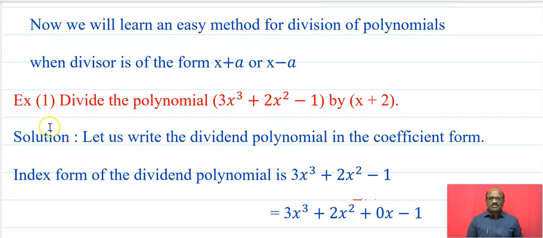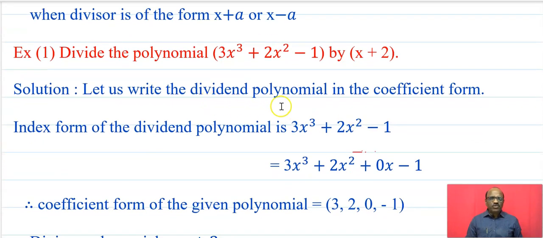First example: divide the polynomial 3x cubed plus 2x square minus 1 by x plus 2. Let us write the dividend polynomial in coefficient form. The index form of the dividend is 3x cubed plus 2x square minus 1.